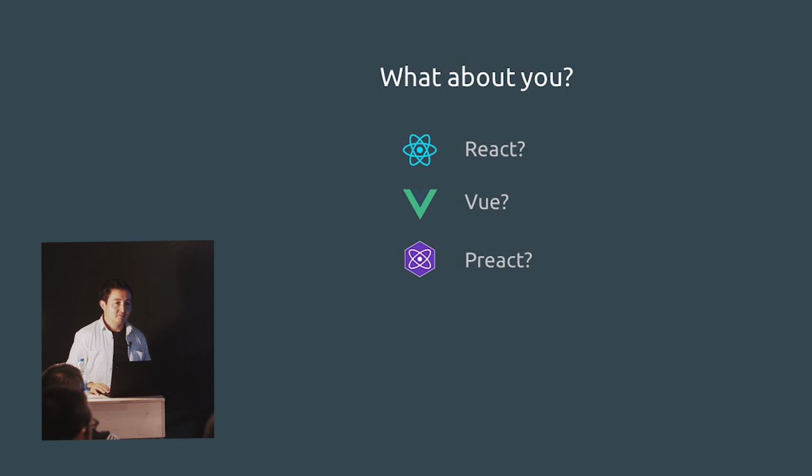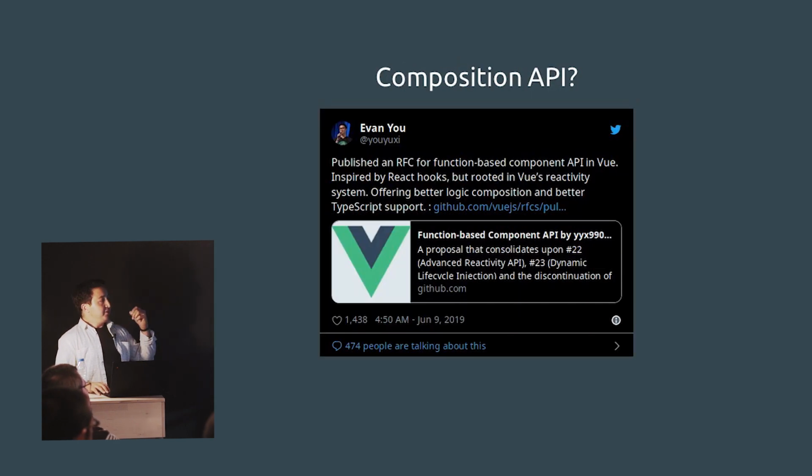Preact. Cool. So this all started in June 2019 when Evan You, the creator of Vue.js, announced an RFC for a new function-based component API in Vue, inspired by React hooks. When this was released, there was a lot of controversy around it, because Vue users thought that Evan You was saying it would transform Vue into React.